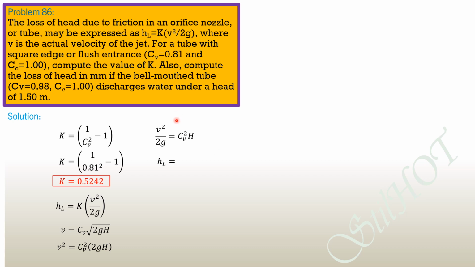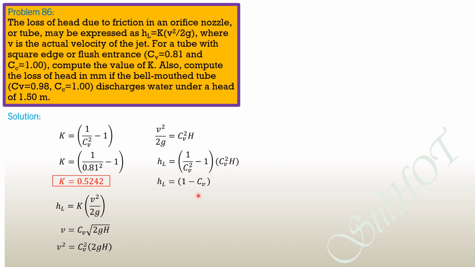Head loss equals 1 over C sub V square minus 1, times C sub V square H. If we distribute, we have head loss equals H minus C sub V square H, or head loss is H times the quantity 1 minus C sub V square. But we'll use this formula here.